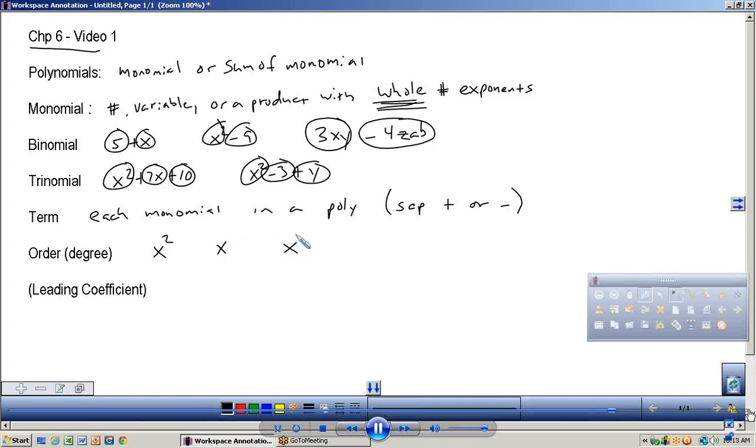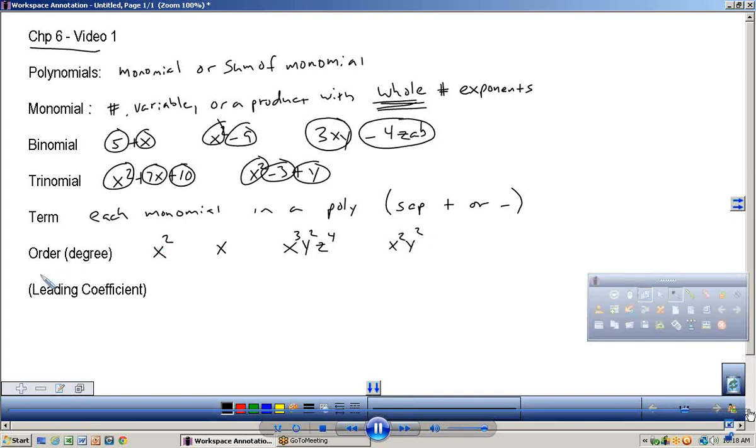If you have x cubed y squared z to the 4th, the sum of the exponents, 3 and 2 is 5, plus 4, that's a 9th order monomial. So the order of a monomial is the sum of its exponents. Last example, x squared y squared. What is the degree of that monomial? Well, it's 4 because 2 plus 2 is 4.